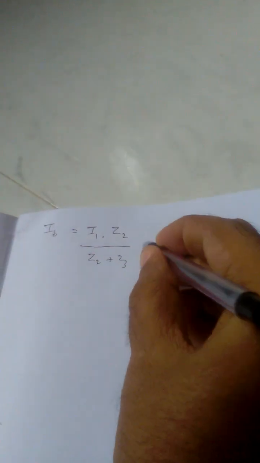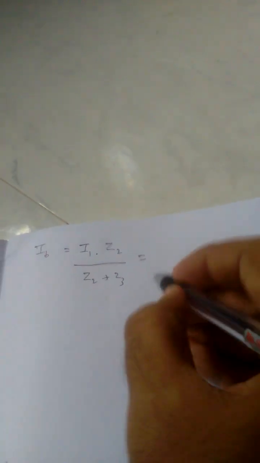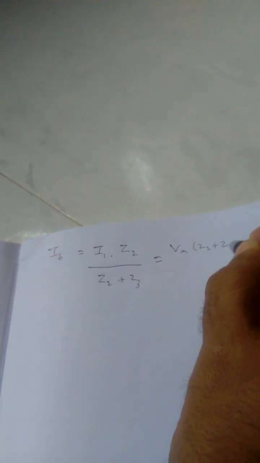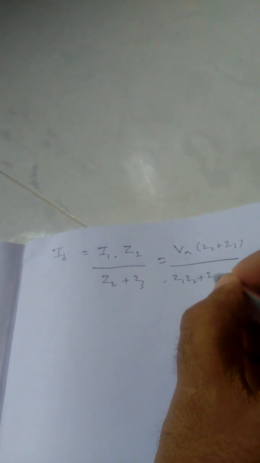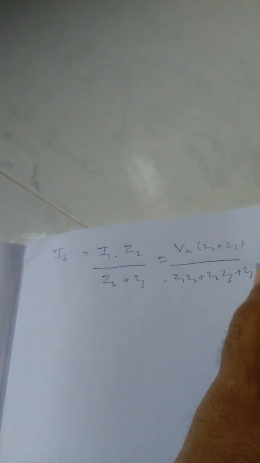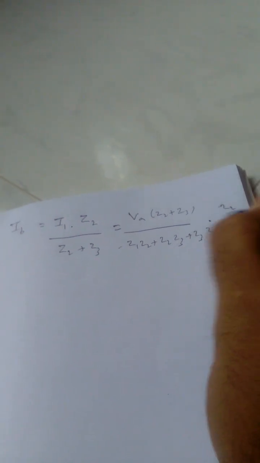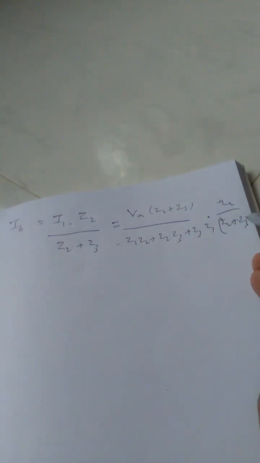If I substitute the value of I1 over here, IB equals VA into Z2 plus Z3 by Z1 Z2 plus Z2 Z3 plus Z3 Z1, into Z2 by Z2 plus Z3.